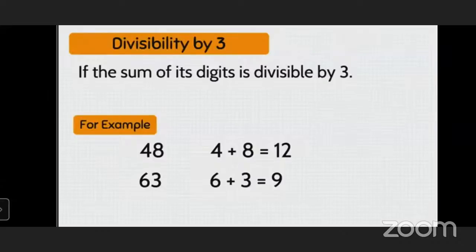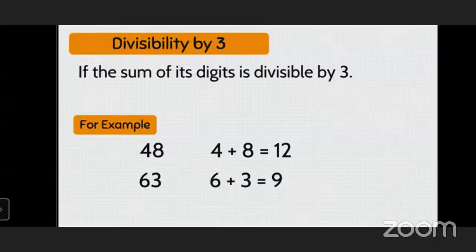Very good. Now tell me, 57. Yes, sir, divisible by 3. Very good. 72. Yes, sir, divisible by 3. 30.